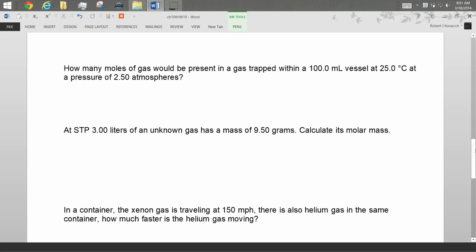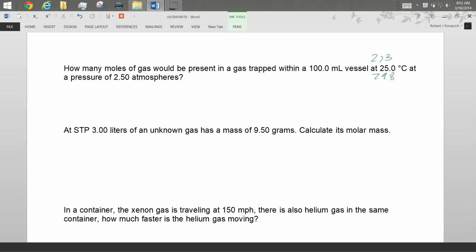So how many moles? So when you look at this problem here, these are obviously gas law problems, so we can do the 273. So I get 298 here. Great. Looking at this problem, this one looks different than the other gas law problems. What's different about it? For moles.